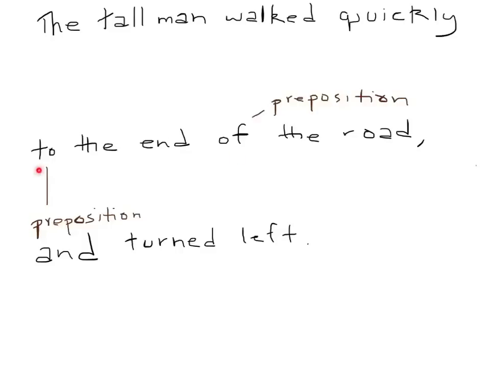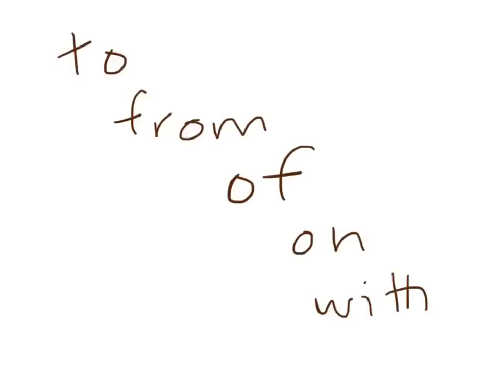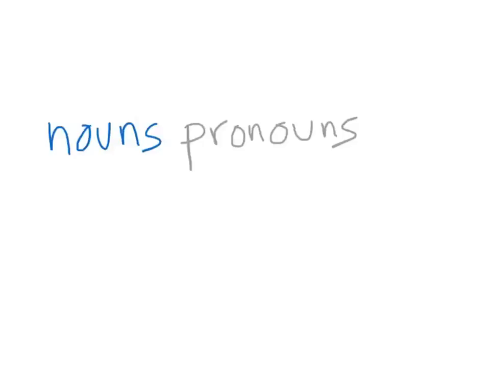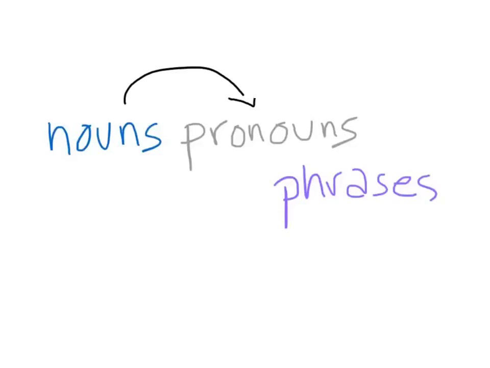Prepositions. Prepositions are generally small words. They link nouns, pronouns, which we will find out about later, and phrases with each other to give us an idea of their relationships.